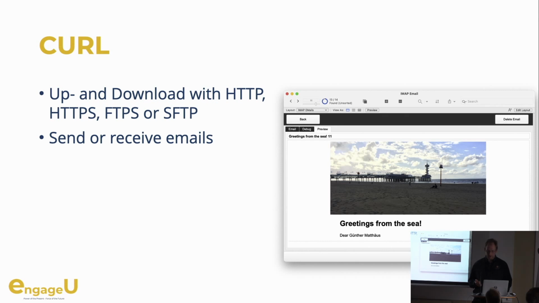And we have a nice IMAP example, as you see on the picture here, where we can download emails from an IMAP postbox and then display the list of emails. You can open an email and it displays it with the HTML and the embedded images. We also got a curl options function, which allows you to get a JSON with all the options you set on a curl object.